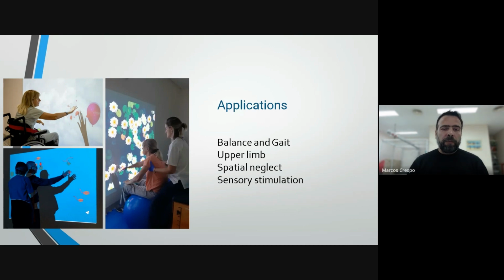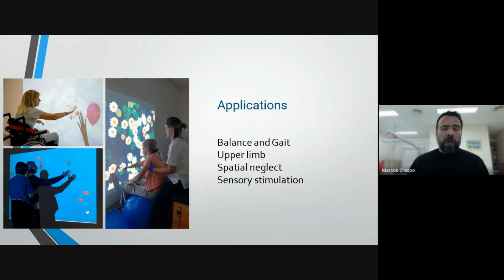But we can complement the virtual environment with real objects, and this is very important also to integrate and to create a more immersive experience, so that the patient believes in the activity that he is doing in this moment.